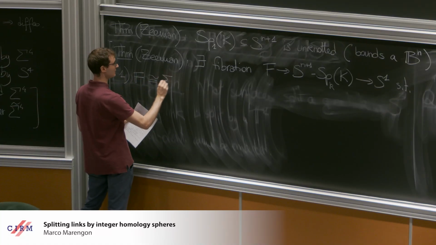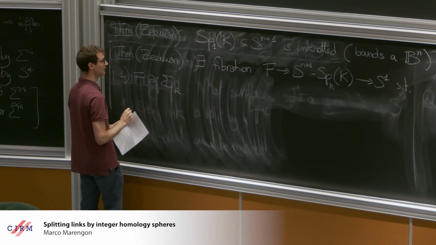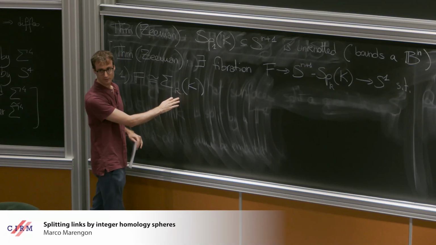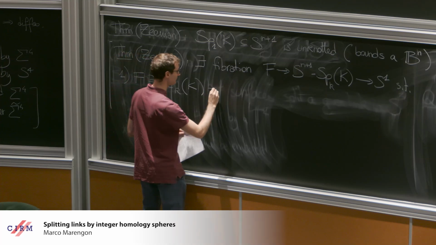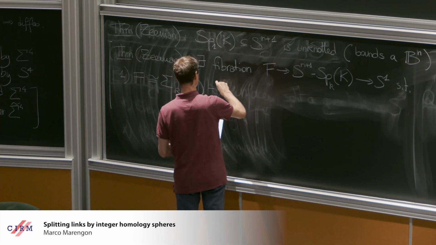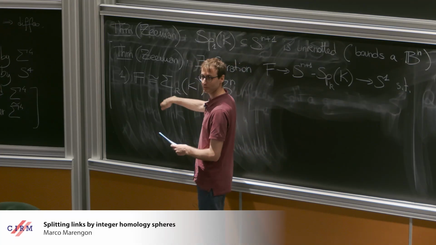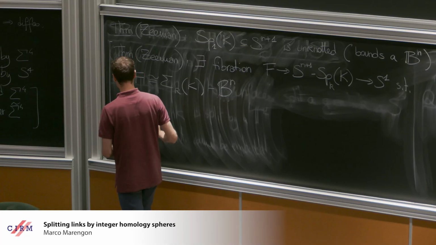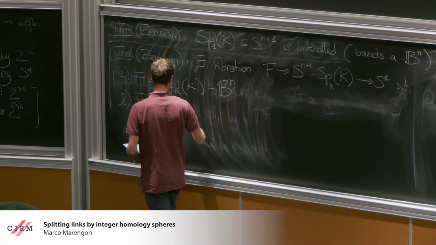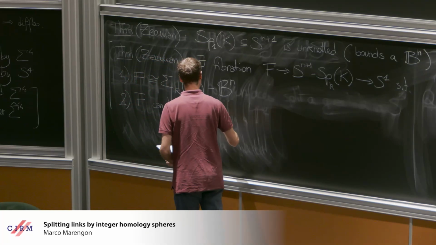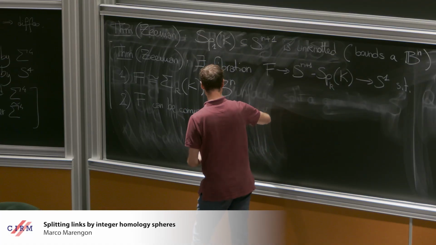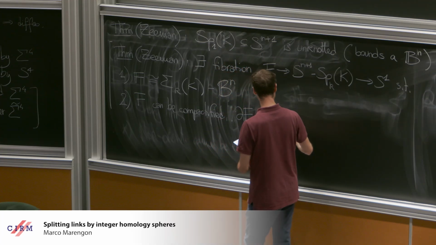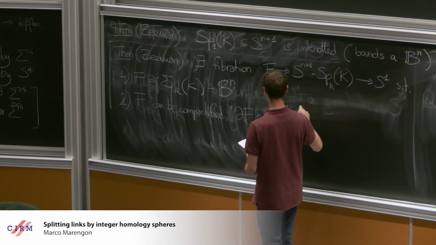F is diffeomorphic to Sigma_k(K), the k-fold cyclic cover over the knot K, minus B^n, k-fold branched over K. And the second condition is that F can be compactified to, and the boundary of F with respect to this compactification is, the k-twist span knot of K.